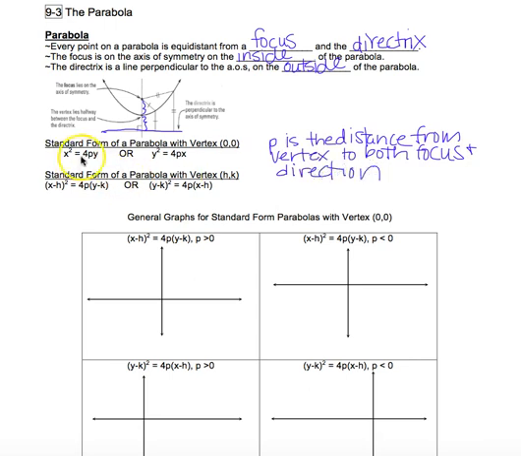So 4p becomes a constant because p we end up having a number for. So 4p becomes a constant that our plain x or plain y is multiplied by.